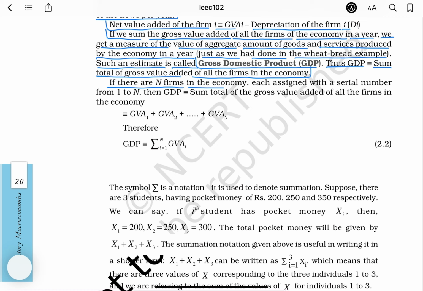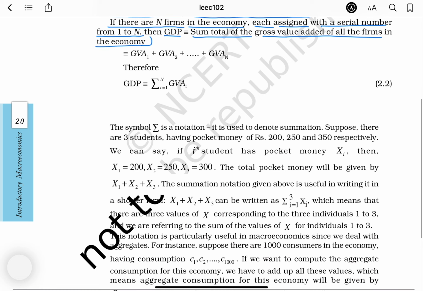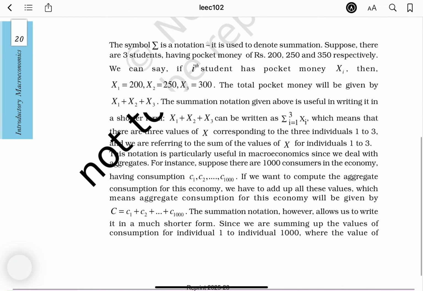If there are n firms in the economy, each assigned with a serial number from 1 to n, then GDP is sum total of the gross value added of all the firms in the economy, equal to GVA1 plus GVA2 plus dot dot dot GVAn. Therefore, GDP equals sigma i equals 1 to n GVAi.